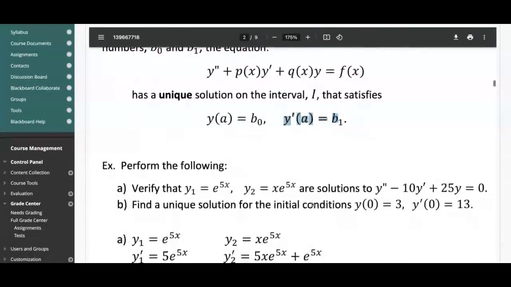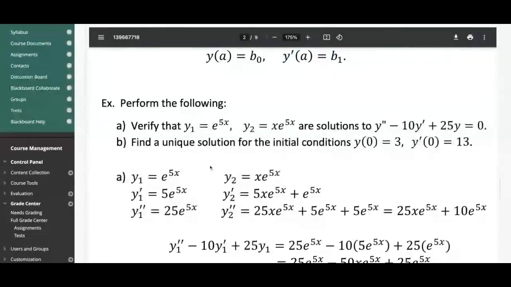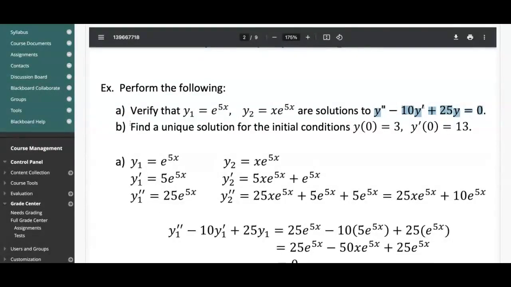Let's see an example. We want to verify y1 equals e to the 5x and y2 equals x times e to the 5x are solutions to such an equation. Remember, as presented in the first homework, find a unique solution given those two initial conditions.